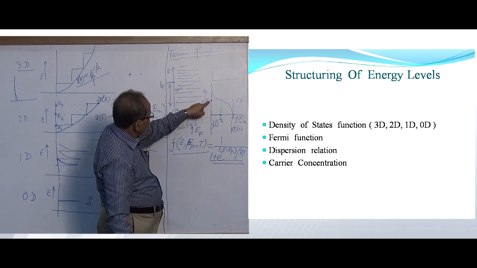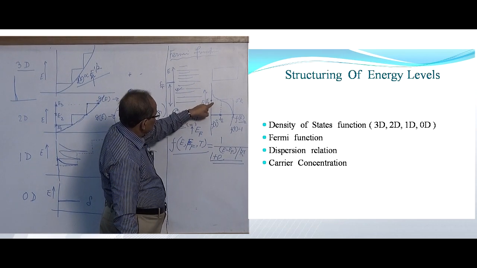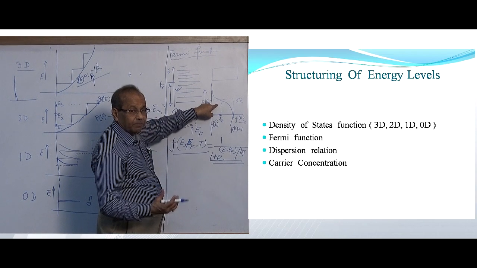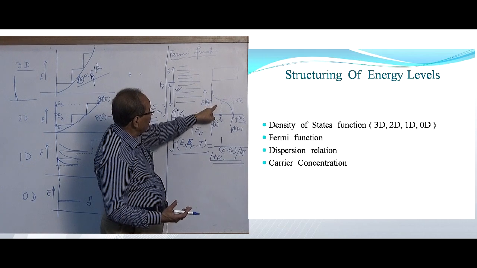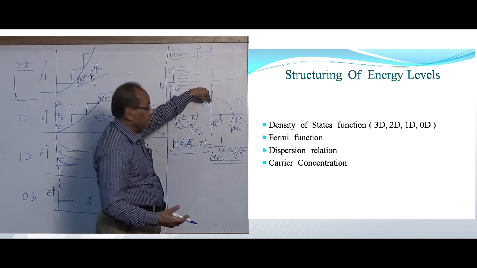So at the Fermi level, the occupation chance means the probability that the electron will occupy this energy level EF.